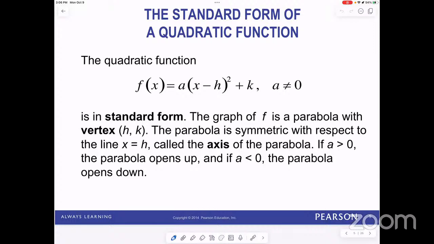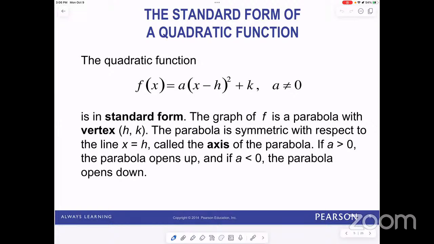This tells us which way the graph opens, whether up or down. This also automatically gives us the axis of the parabola, or the axis of symmetry. Once we have the axis of symmetry, whenever we get a point on one side of the axis, we automatically get a point on the other, so we can use the axis to quickly generate points and get a better sense of our graph.